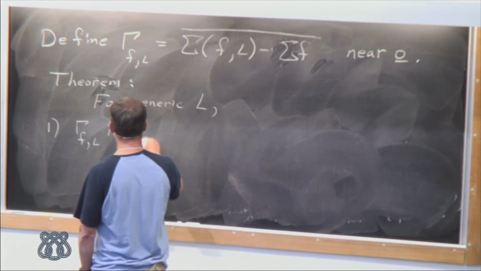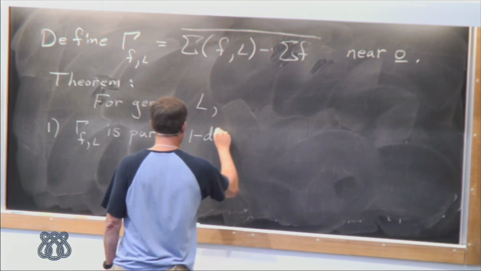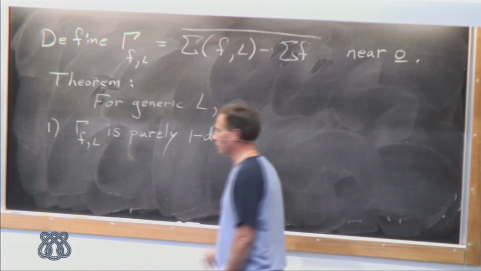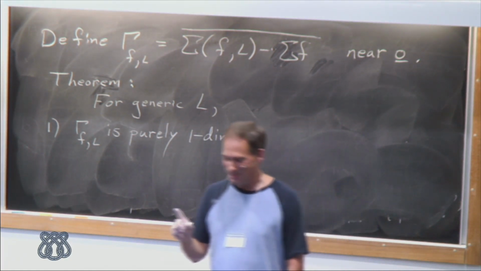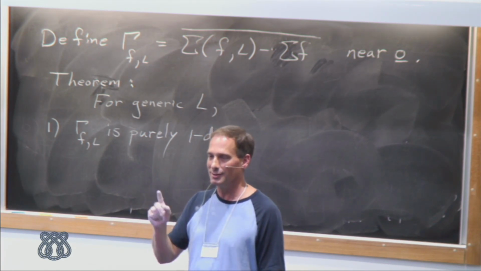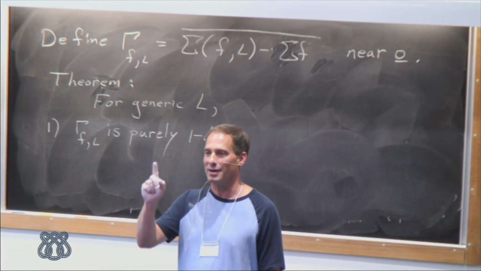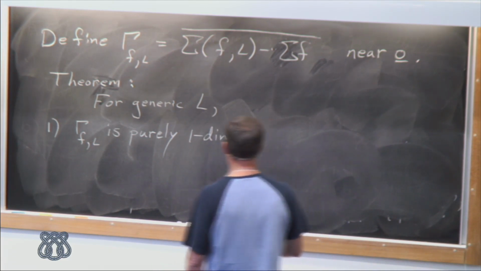Gamma FL is purely one-dimensional. Purely allows for the empty set. It means for all components, and if there are no components, that would still be vacuously correct. So it's purely one-dimensional at 0.